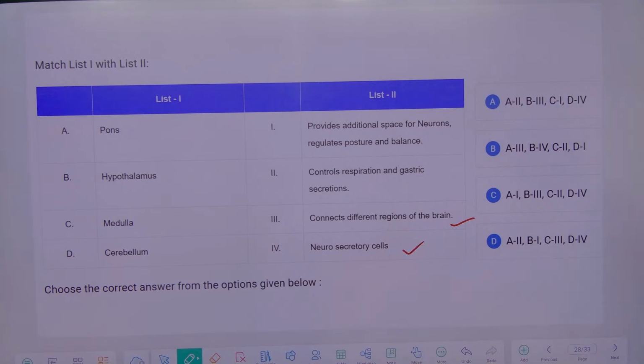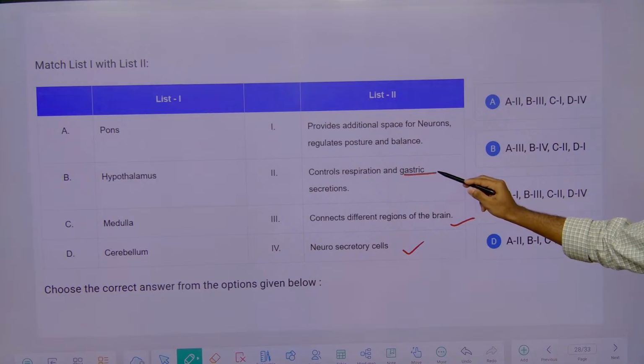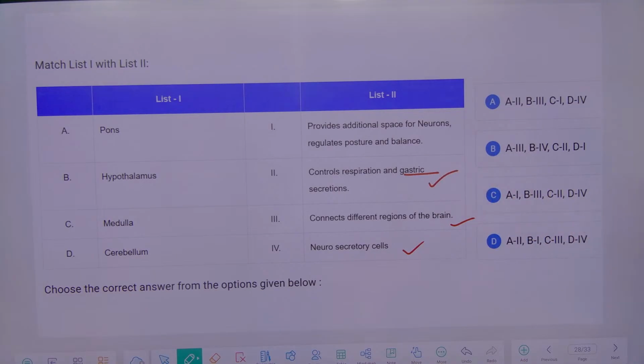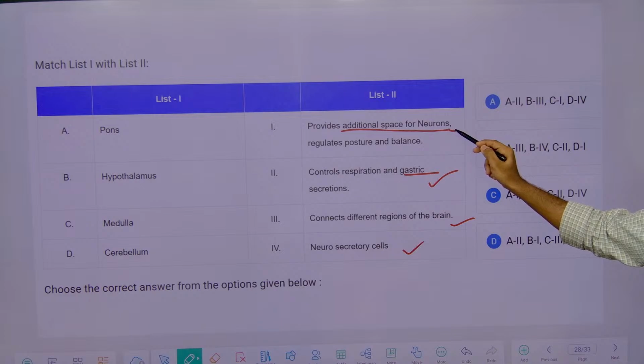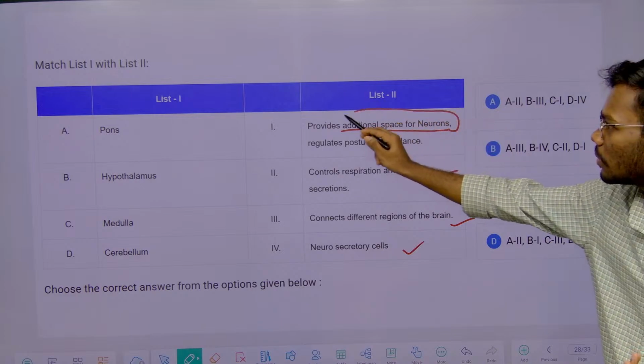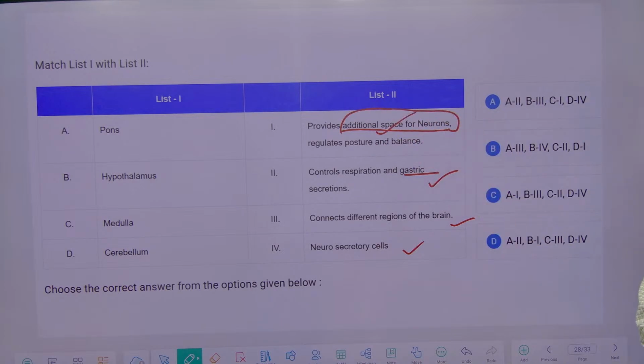Medulla controls respiration and gastric secretions. Cerebellum has additional space to accommodate more neurons, and regulates posture and balance. So the option is second, right.